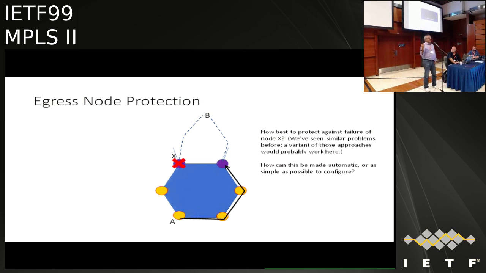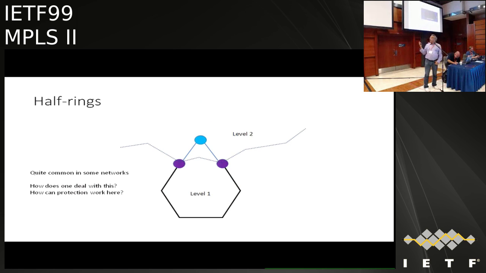The other thing that's really interesting is this thing called a half ring, which is either a ring that's incomplete. For example, there's your ring, kind of, sort of, just the dark black part, and either they're connected via a core node or a node deeper in the network, or they are connected directly, but the ring is in level 1 and that connecting link is in level 2, or the ring is non-backbone and the connecting link is backbone.